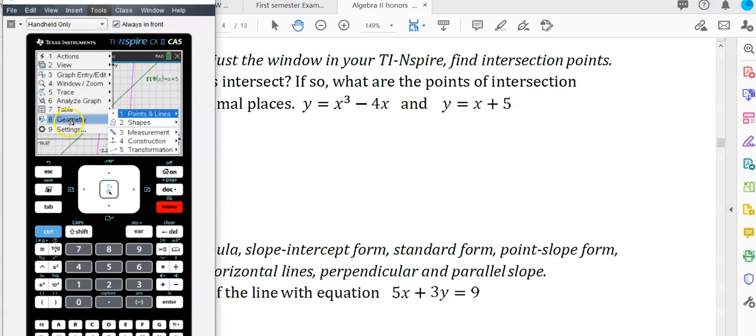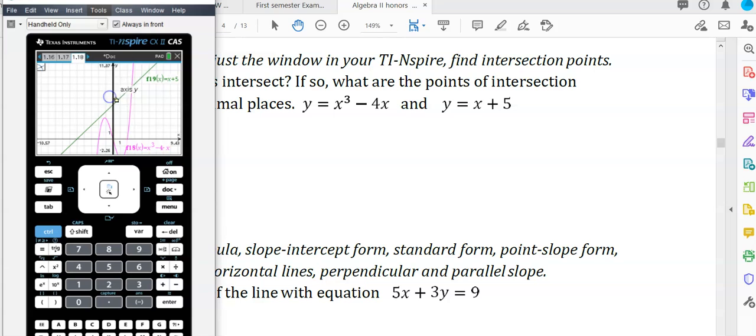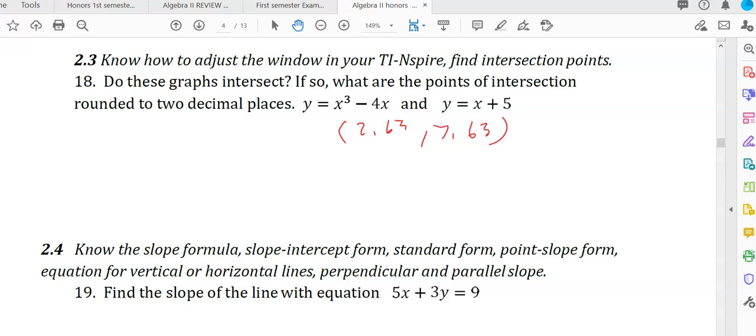Then go to points and lines, intersection point, and just click the two graphs, and that'll give you your intersection point. So 2.63 comma 7.63. And the question asks, do these cross, and if so, what are the points of intersection? So there they are. That's it for this screencast.